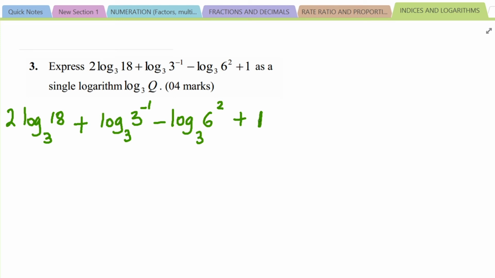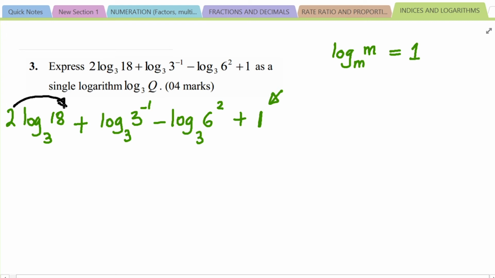Remember, this is 1, and we know that according to the laws of logarithm, if you have a log of a certain number, let's say m, to the same base, this is always equal to 1. That's how we are going to deal with this one. Moving on to the next step, we can move these 2 up there, since we want everything to be log base 3.